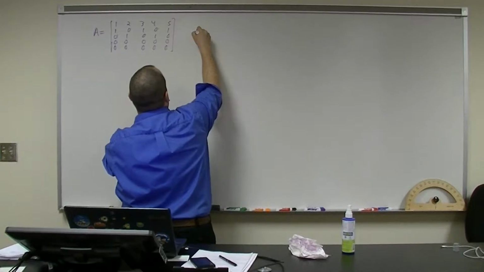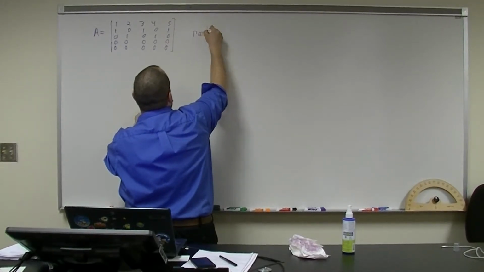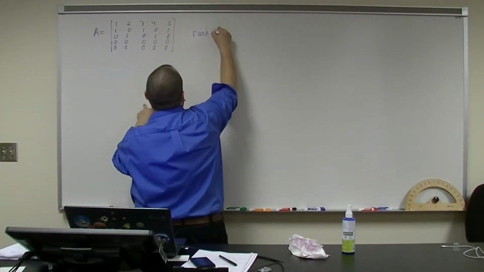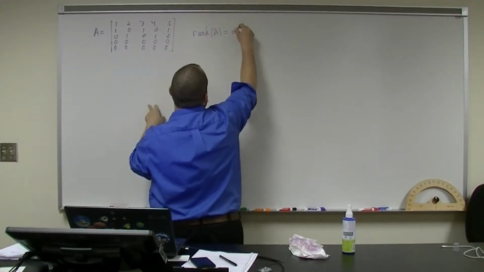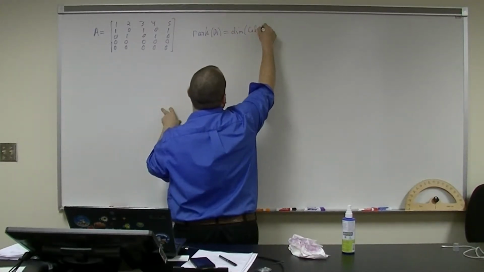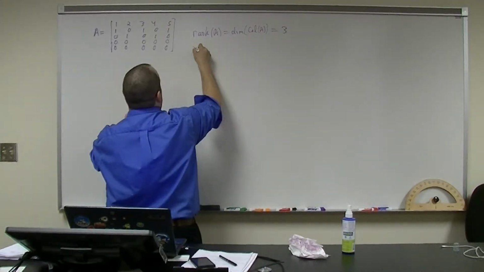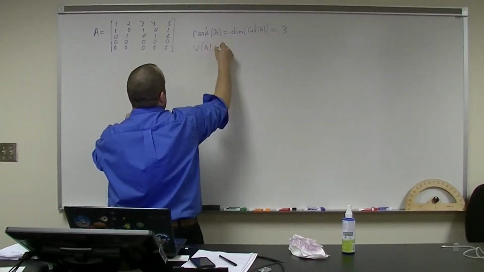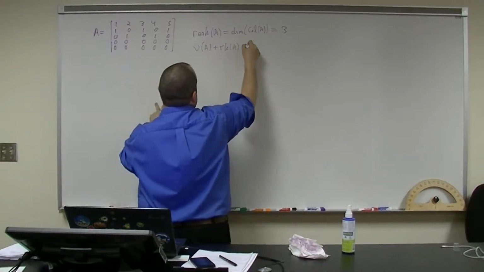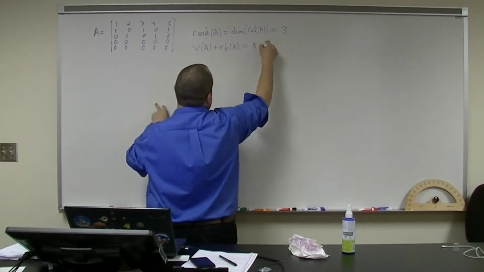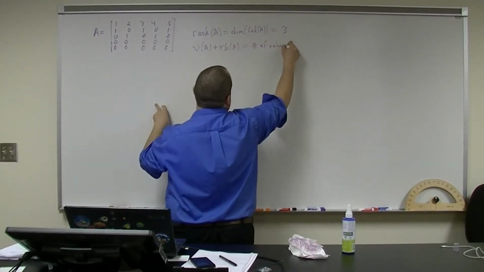So the rank of A, which is, by the way, the dimension of the column space or the row space, as we proved, is 3. And what we know is that the nullity of A plus the rank of A is equal to the number of columns, right?